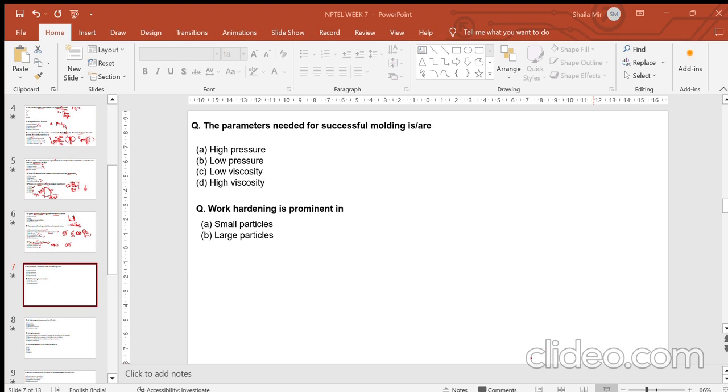Can you calculate the critical speed? Can you calculate the answer?